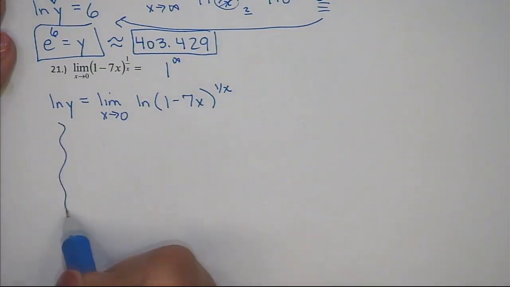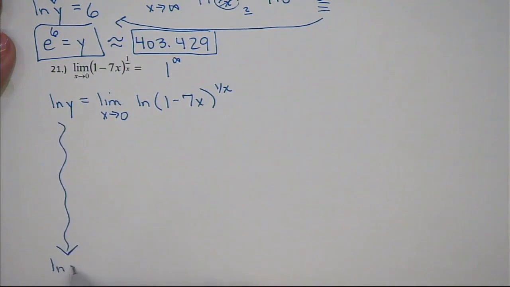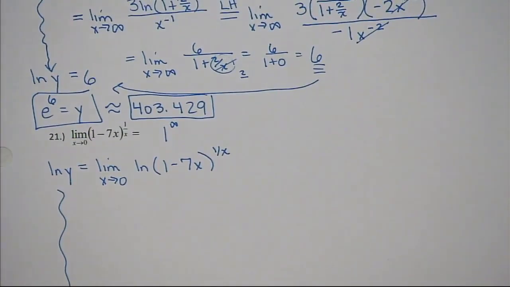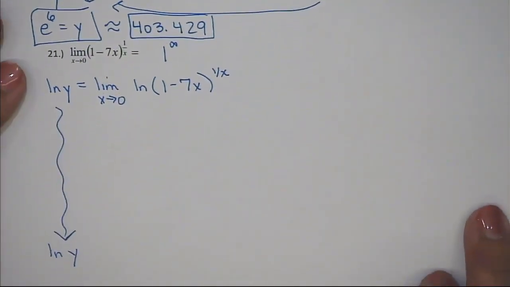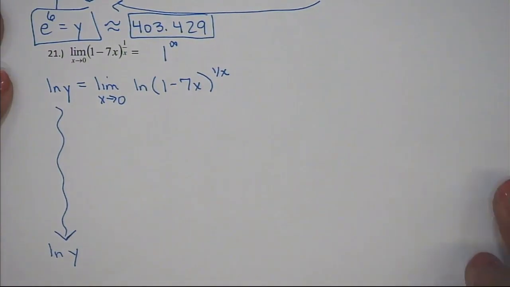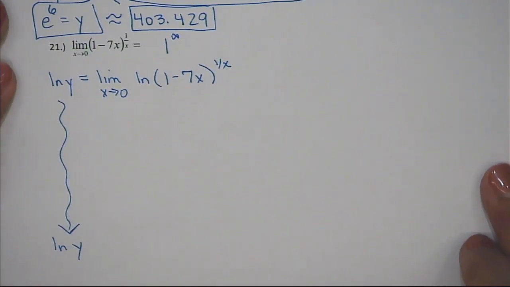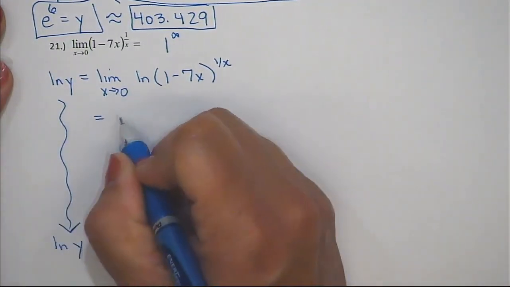All right, so the rules are the same. That's the nice thing about this logarithmic differentiation. Once you have it, nothing different happens in any problem. All right, so let's bring the exponent out front.